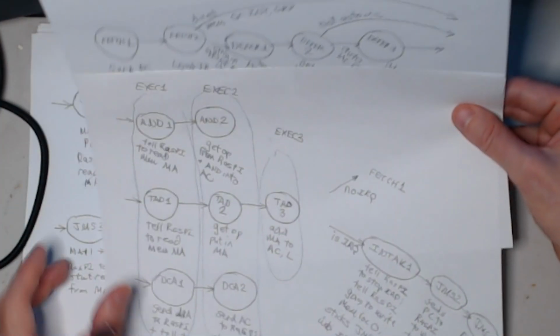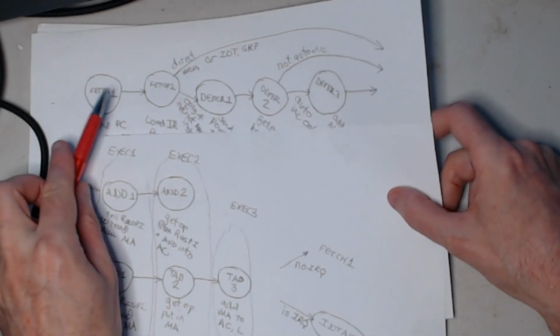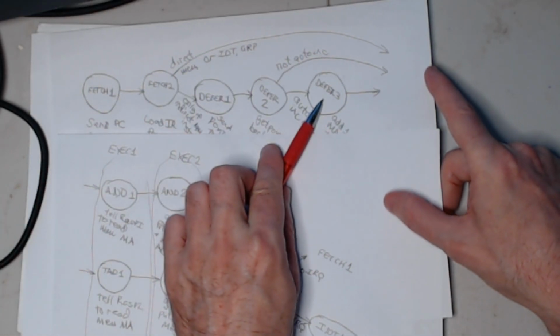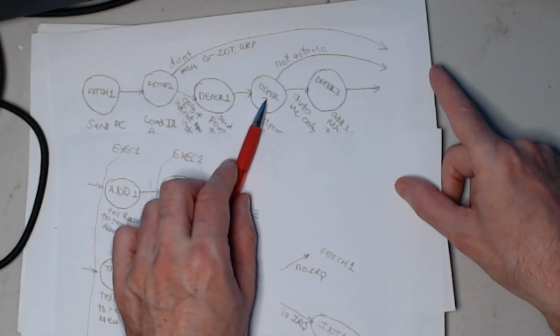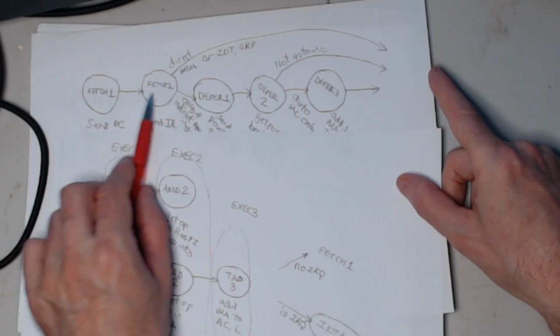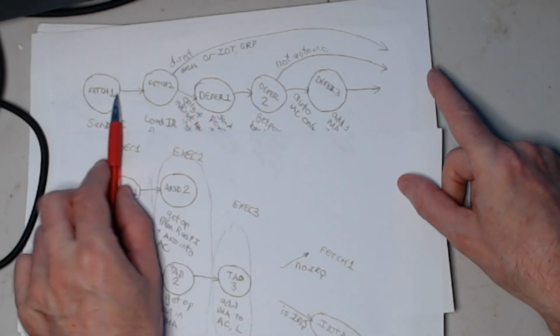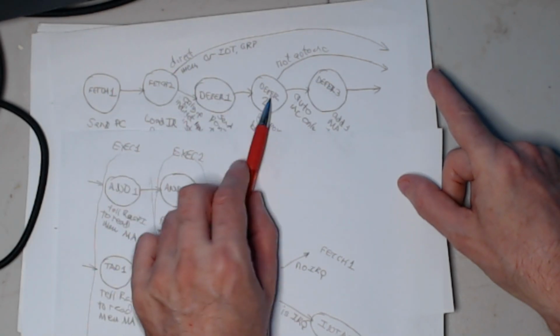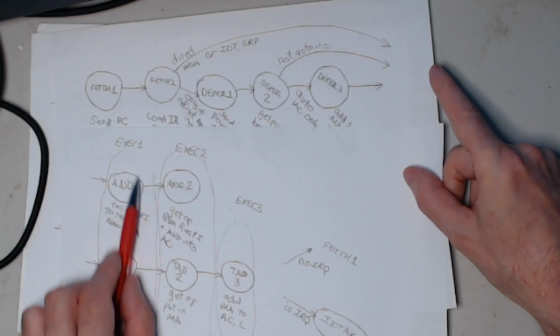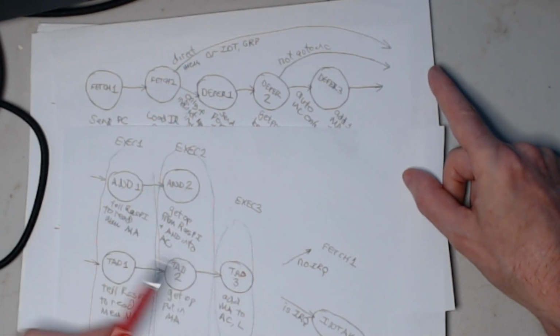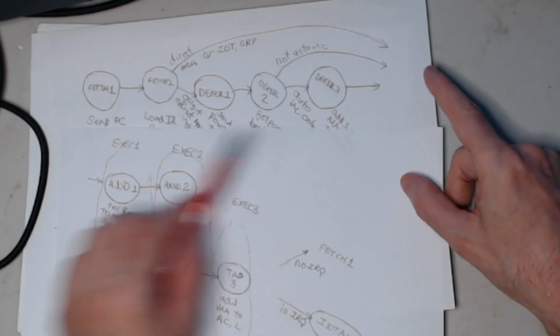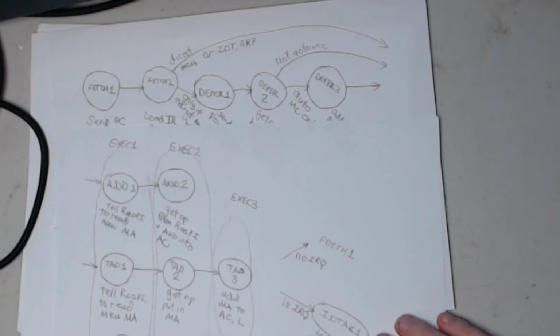All right, so those are the states, and each one of these states is a D flip-flop. And next video we can show, now that we know what our D flip-flops are, what do the gates look like that go on each one of these flip-flops? This exec 1, exec 2, exec 3, these are a little messy, of course, but they're not too difficult to figure out.